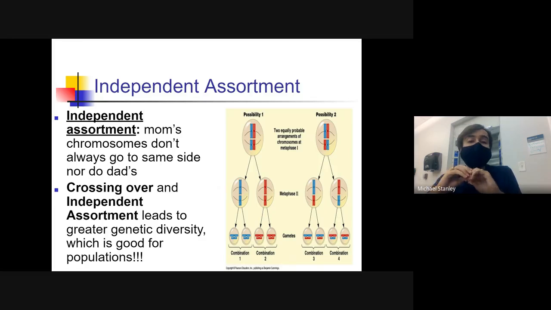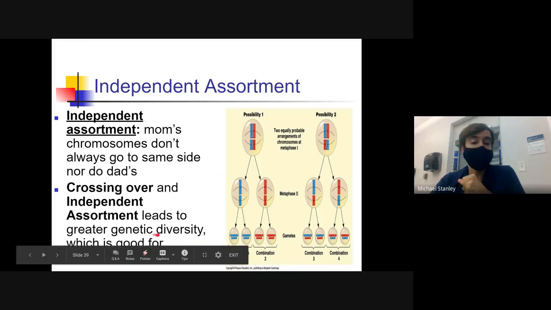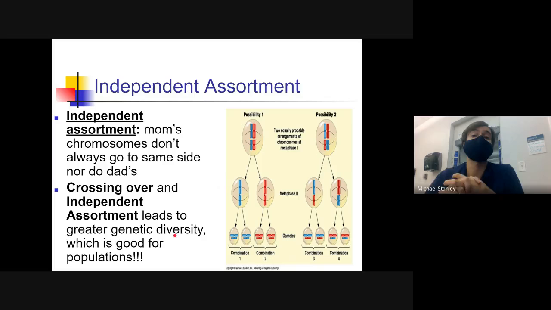So between independent assortment and crossing over, we can get a ton of diversity in terms of the genes that get passed on to the next generation, right? So not every single one of your siblings looks exactly like a 50% mix of your mom and dad, right? And if you have kids, then your kids probably don't look like an exact 50% copy of you and your partner, right? Instead, they're sort of like a blend.